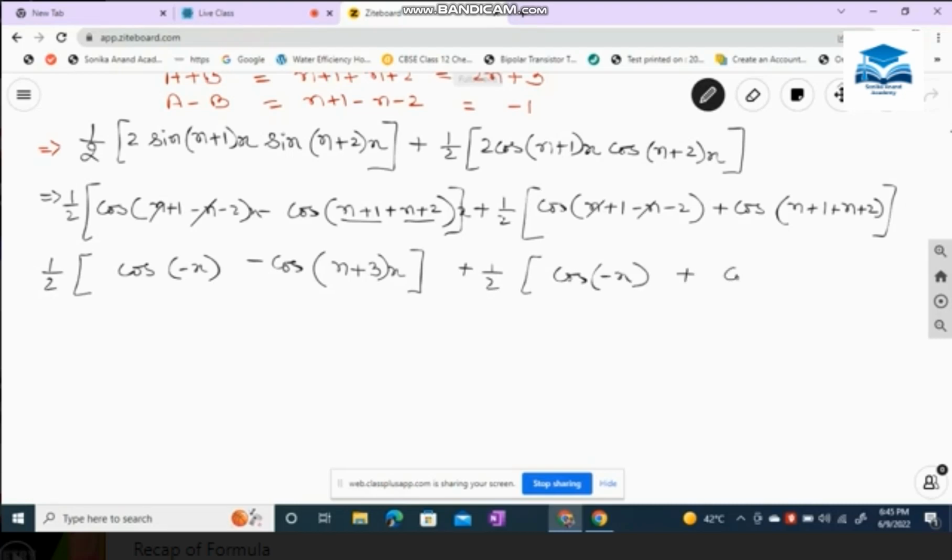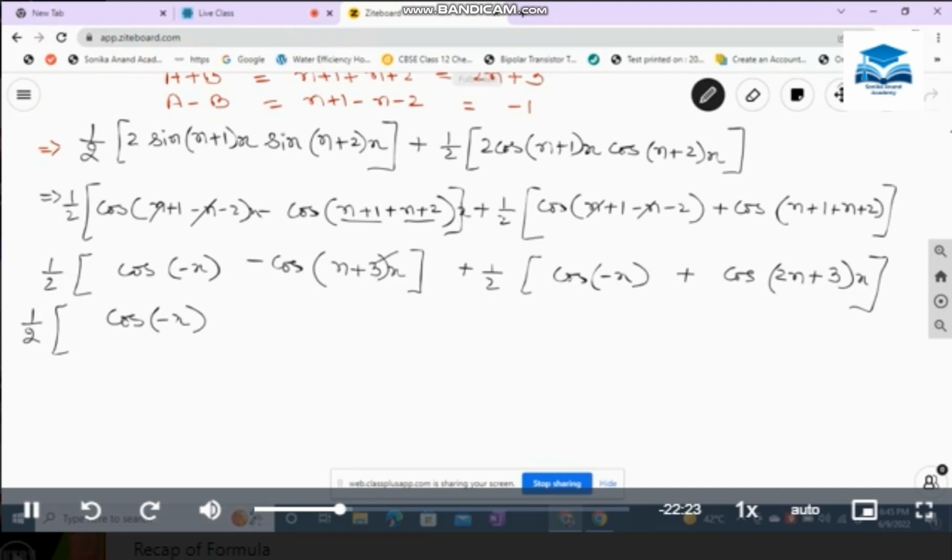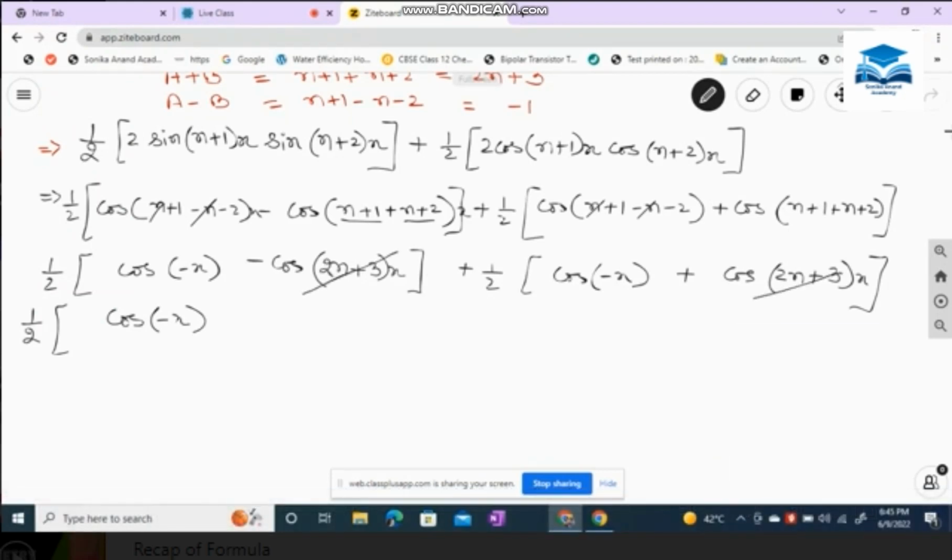Here we get cos 2n plus 3 x. Now when we open these brackets, we take half as common overall. Now cos minus x. This 2n minus 3 and this get cancelled. It is 2n, because this is in minus and this is in plus. So this plus half of cos minus x.